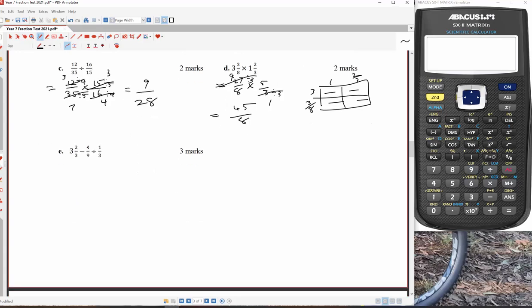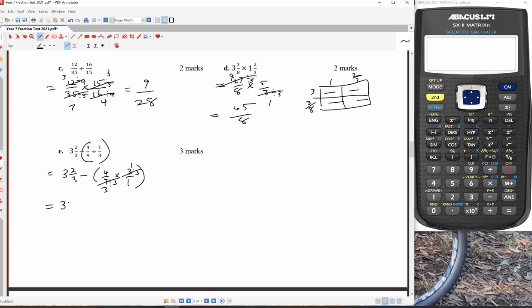Now this one just requires you to understand that the division has to be done before the subtraction. And when we divide fractions, it's the same as multiplying by the reciprocal. This one cancels down a bit.